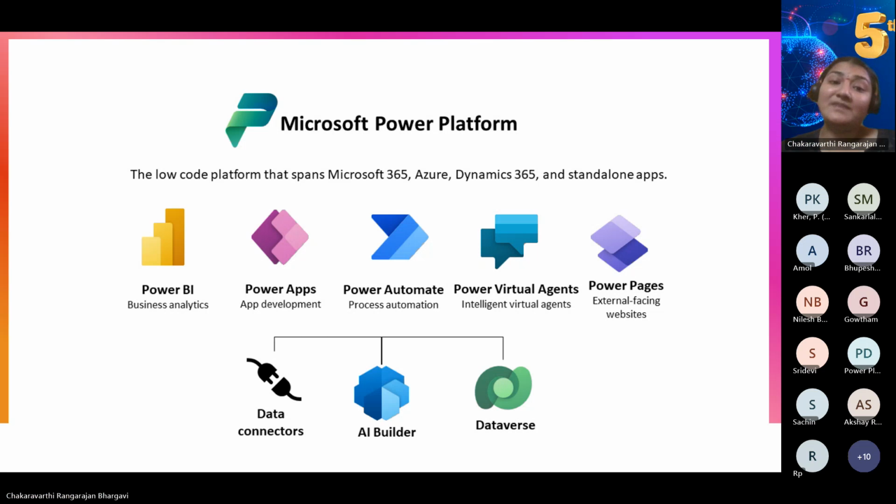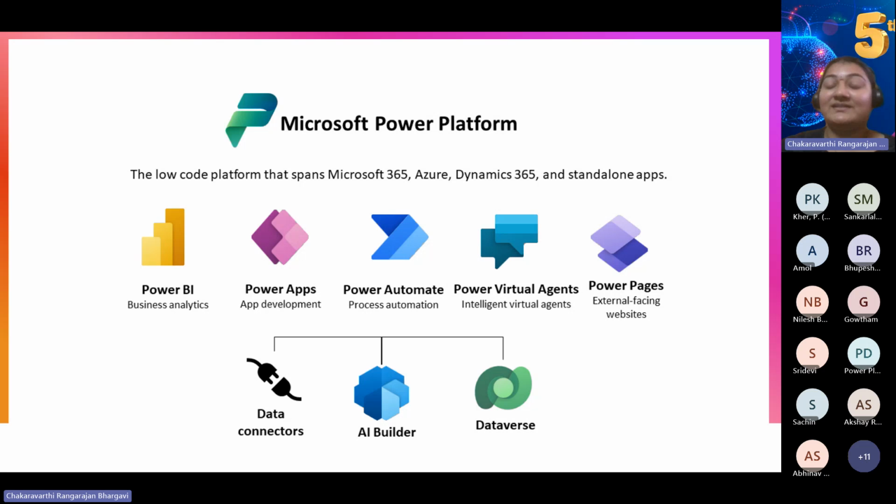Power Apps is used for app development, where we can do web as well as mobile development. Power BI is where we do analytics. Power Automate is where we do robotic process automation as well as digital process automation.